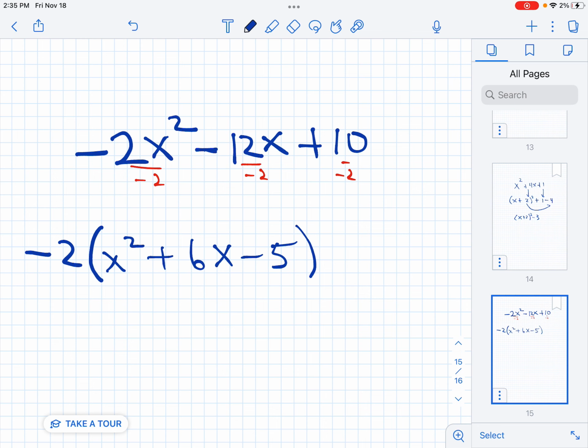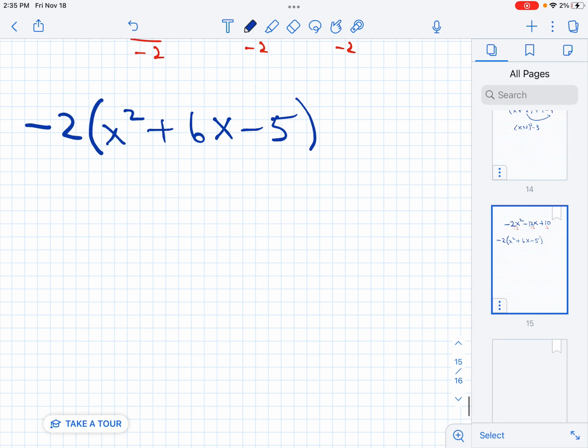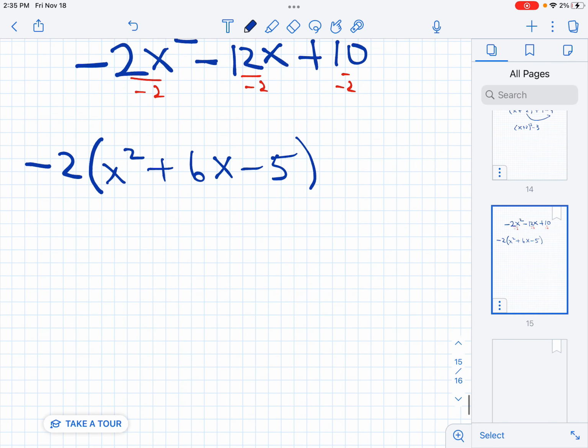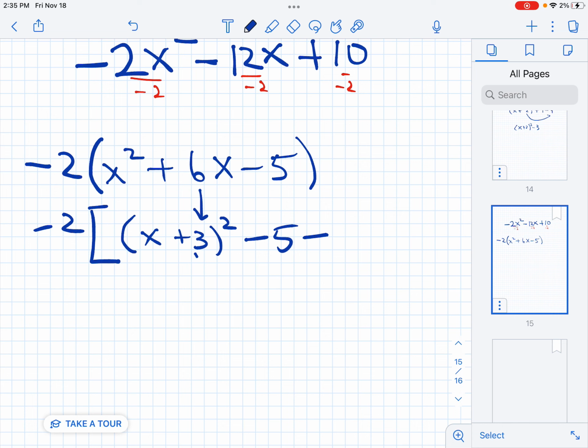Now I'm just going to ignore that -2 on the outside for now, and I'm going to just work on the inside. I'm going to write a big bracket here, and write x plus half of 6 is 3, close it, square it, -5 minus that number squared, which is 9. Big brackets to close that off.